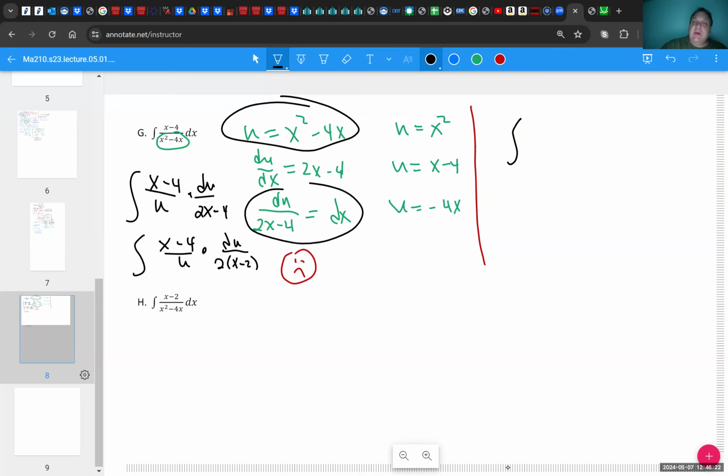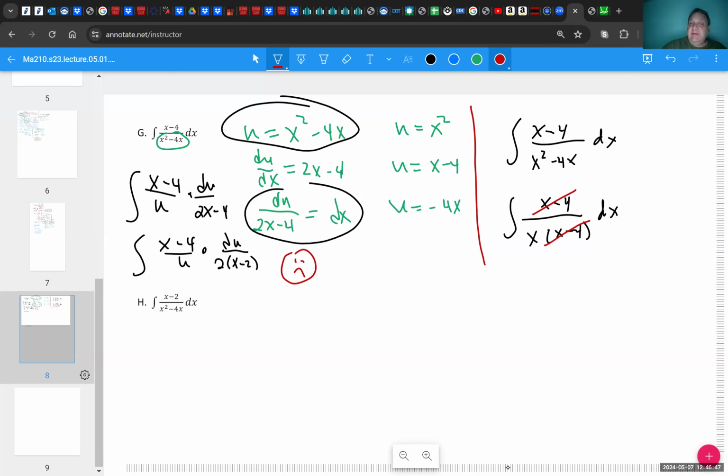So I'll write the original problem over here. You may recognize the bottom has an x in common. So I can factor out the x. And if you see the factoring, you will notice there's an x minus 4 and an x minus 4.